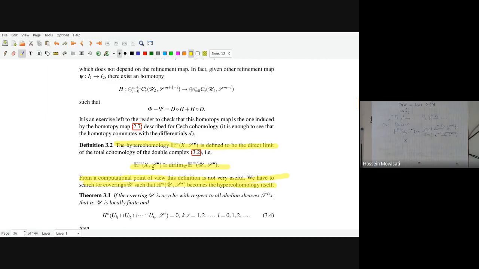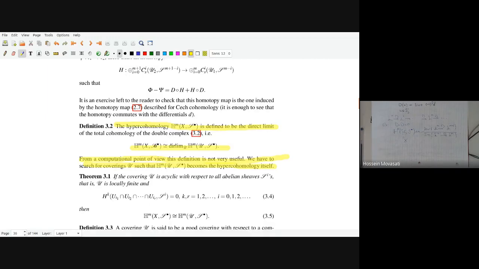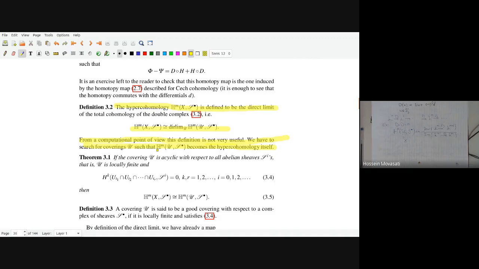And in order to be able to do this, we have to use this theorem. I will just announce it. If the covering is acyclic with respect to all the sheaves, remember what acyclic means: the cohomologies of all the intersections with coefficients in S^i are 0.